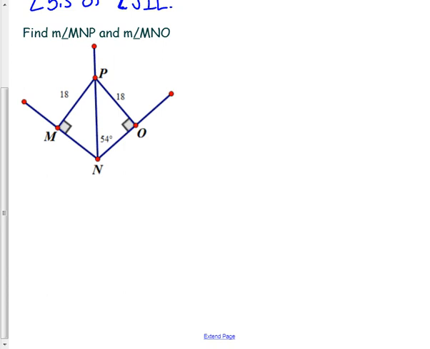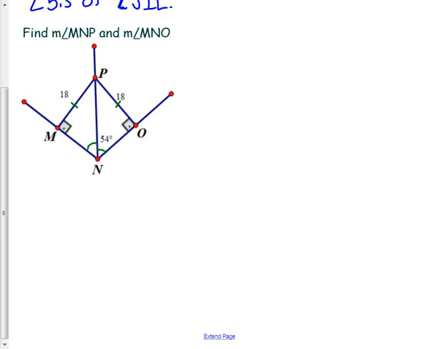So we look at it and say, okay, these are both 18, so they're equidistant, and check, they're both right angles, so we know that PM and PO are equidistant, which means PN, or NP, is the angle bisector, meaning this angle and that angle are congruent.